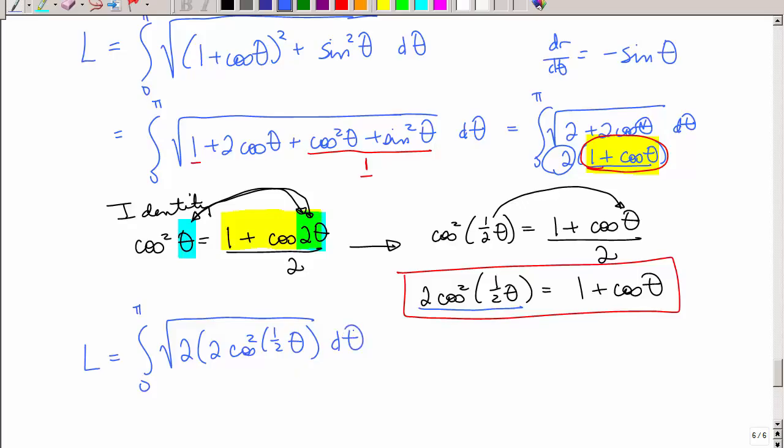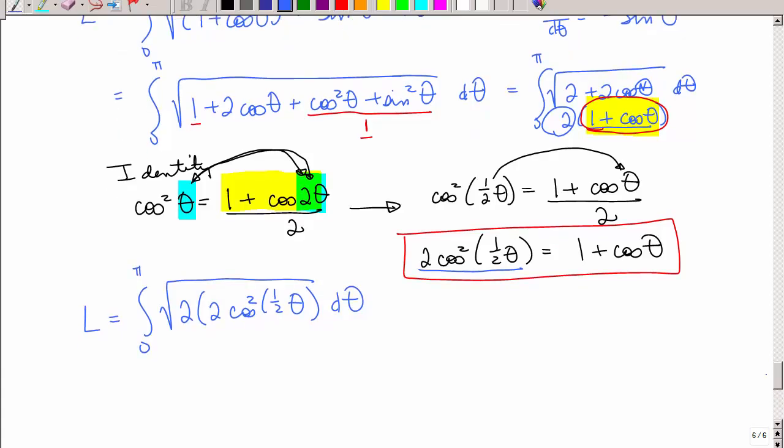I can take the square root. That is good news. So let's see. 2 times 2 is 4. The square root of 4 is 2. So I'm going to pull that out of the integral. The square root of cosine squared is going to be cosine. And remember, I'm integrating between 0 and pi.